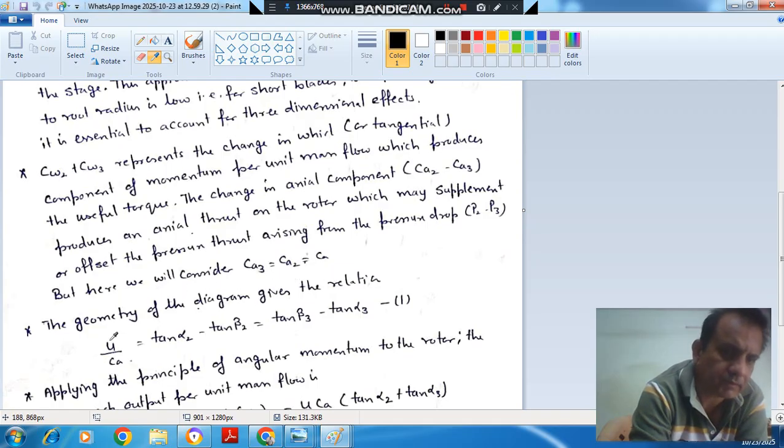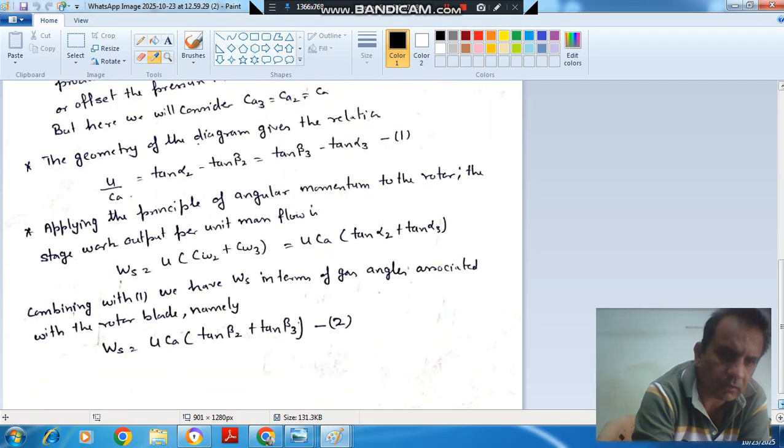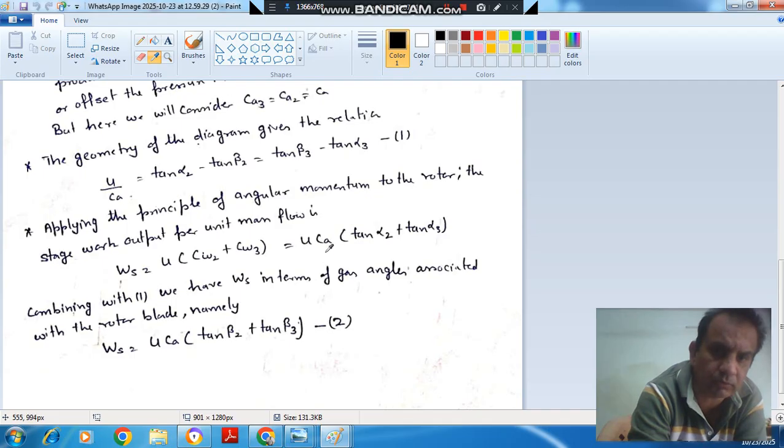Okay. The geometry of the diagram gives the relation U by CA is equal to tangent alpha 2, that we have discussed, minus tangent beta 2, is equal to tangent beta 3 minus tangent alpha 3. Okay. Applying the principle of angular momentum to the rotor, the stage work output per unit mass flow Ws is equal to U (CW2 plus CW3), or Ws is equal to U CA (tangent alpha 2 plus tangent alpha 3).